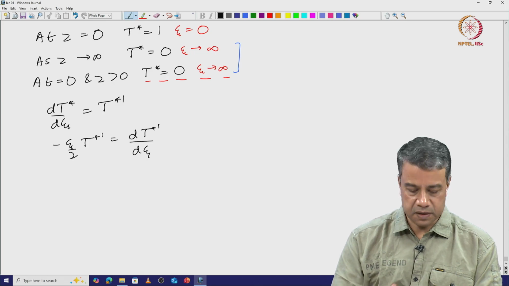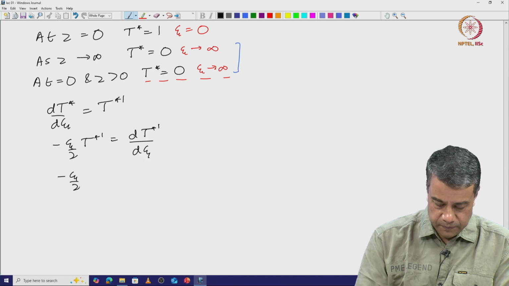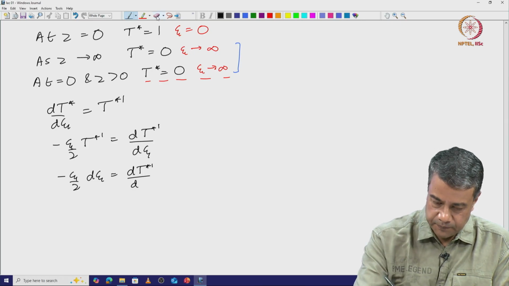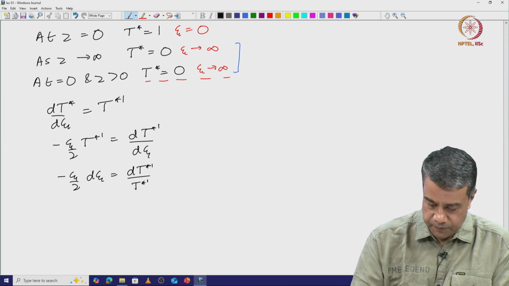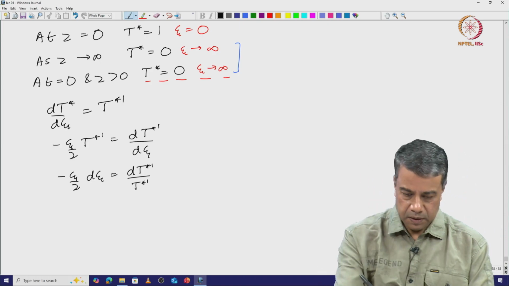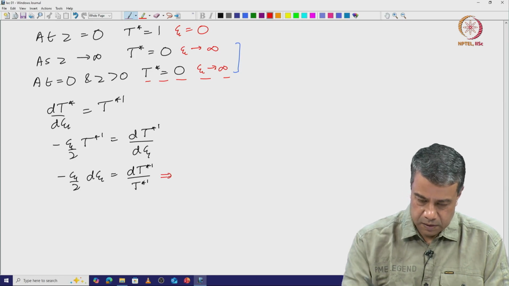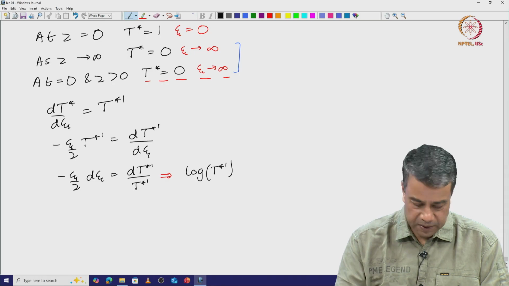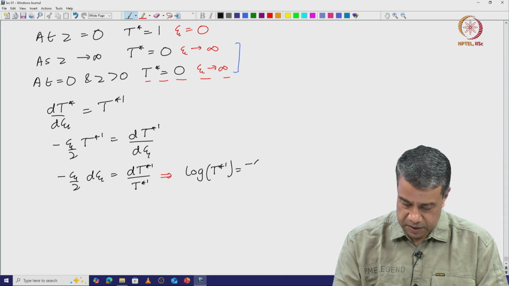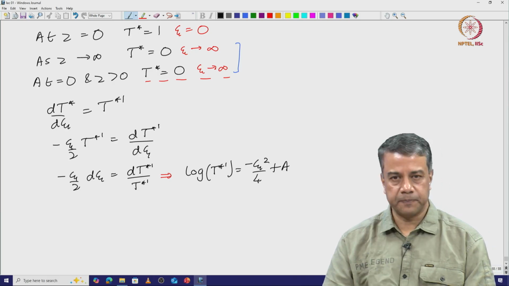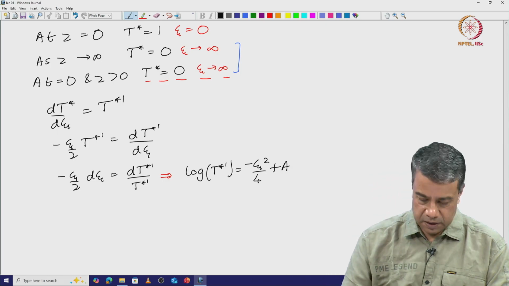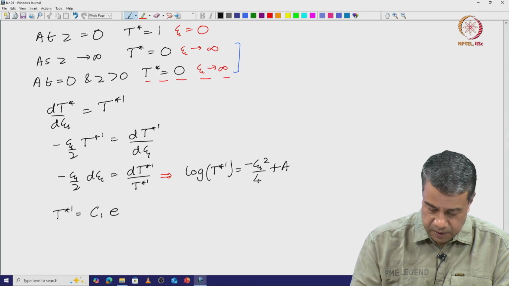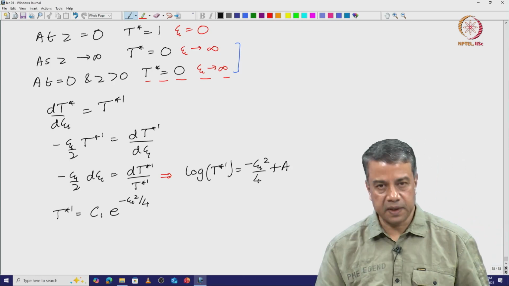I can cross multiply, integrate once to get log of T star prime is equal to minus psi square by 4 plus some constant A. And exponentiate this to get T star prime is equal to some constant C1 e power minus psi square by 4.